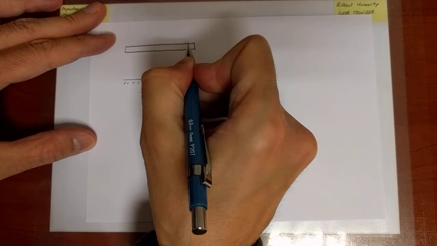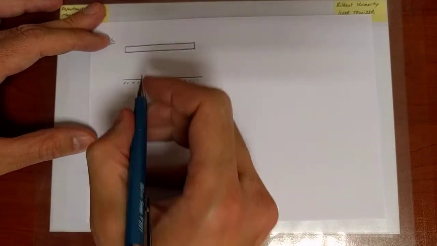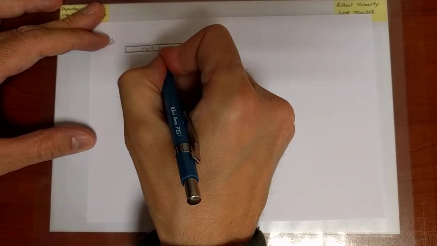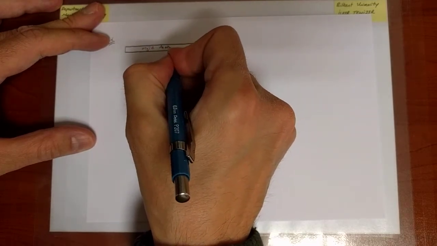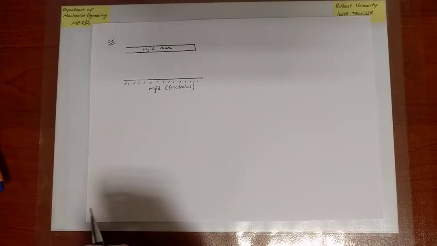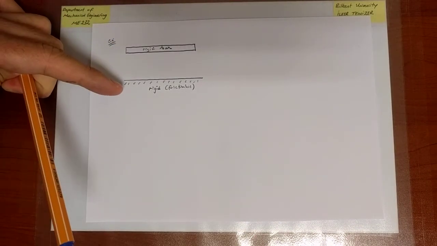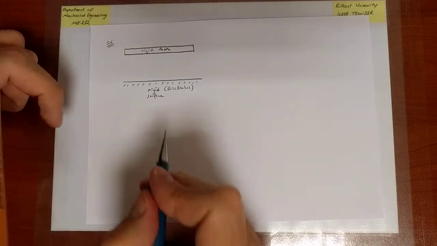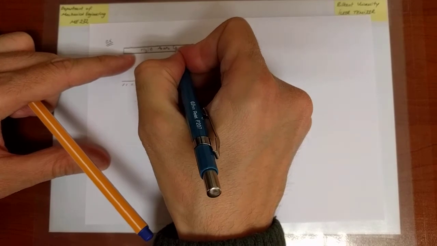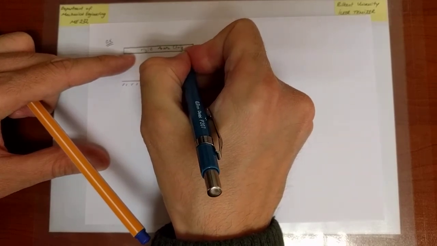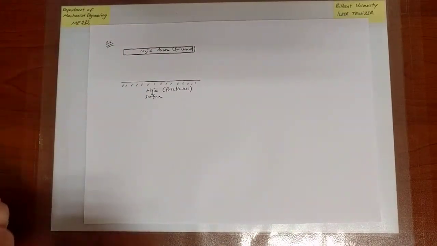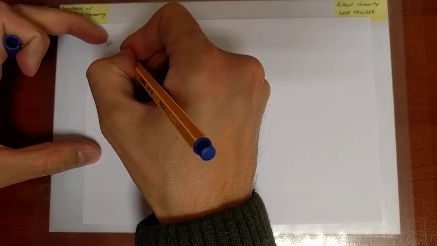I'm going to identify this also as being a rigid bar. Okay. And between the rigid bar and the rigid surface, we put cylinders. And the rigid bar, by the way, is also frictionless. And we're going to put 3 metallic bars in between.